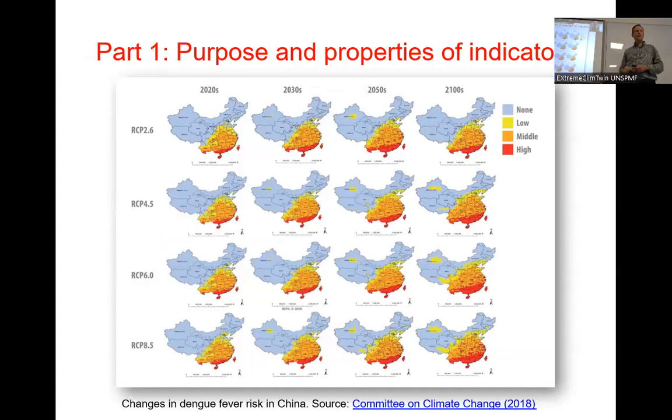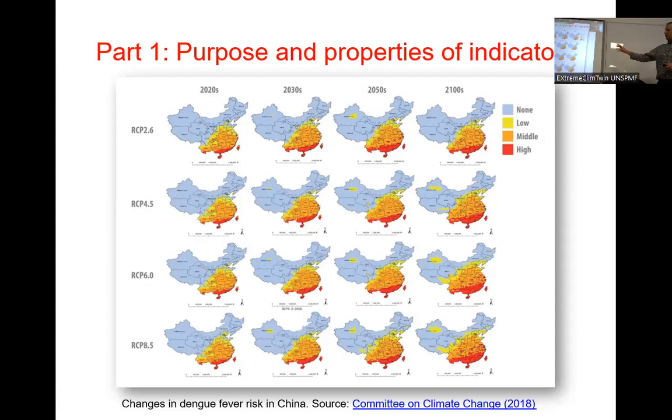In the top left-hand corner, we can see the distribution of dengue in the present climate under a low emissions scenario, and we might contrast that with the end of century pattern for dengue by 2100 under a very high emissions scenario.